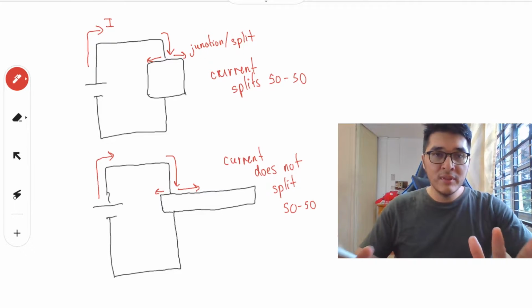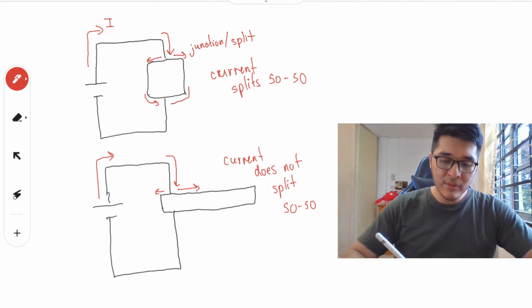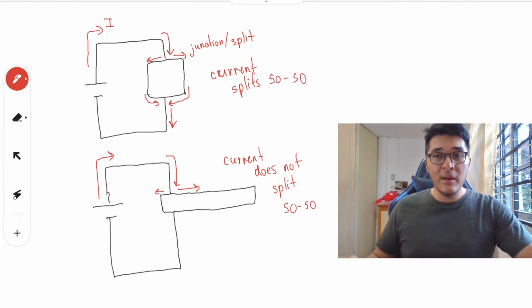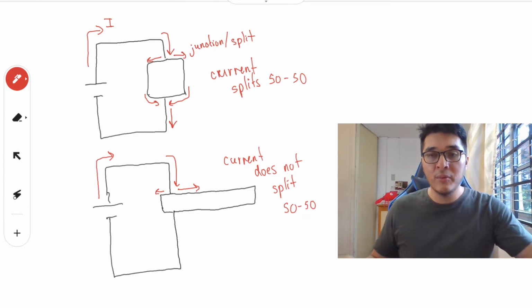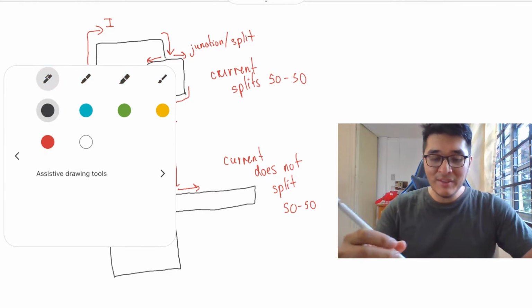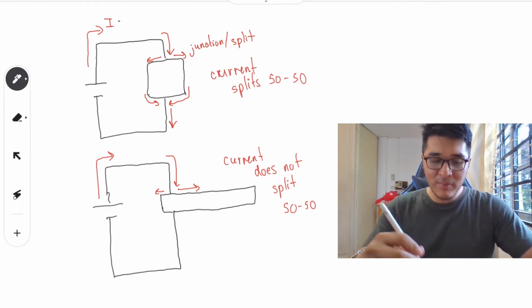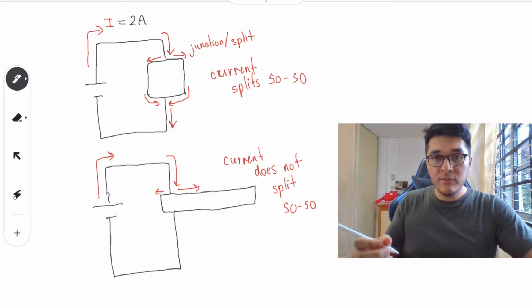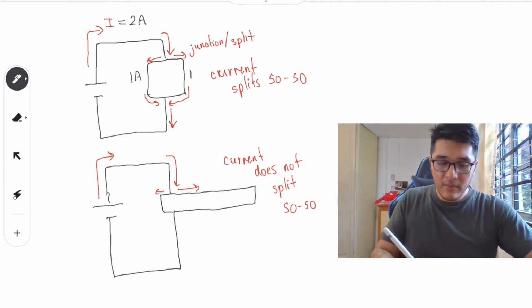But regardless of these two scenarios, what happens as the current joins back into a single path? Does the current get lost, or does the current add up again to the value that it was before? It adds up again, right? Yeah, so let's put some numbers because otherwise it gets complicated. Let's assume that the current going in is 2 amperes. And since it's 50-50, 1 ampere on the left, 1 ampere on the right.